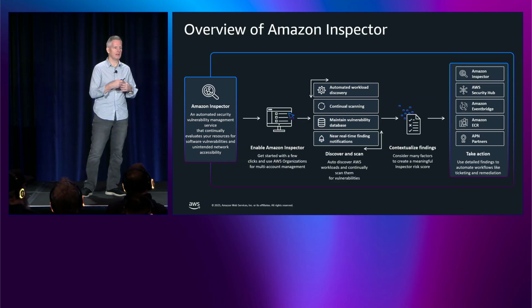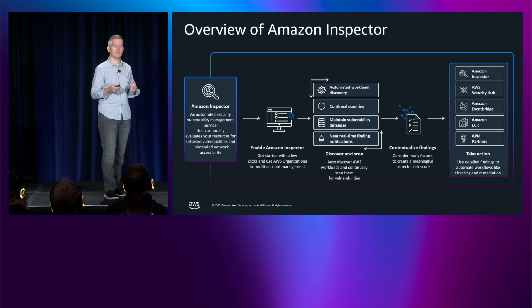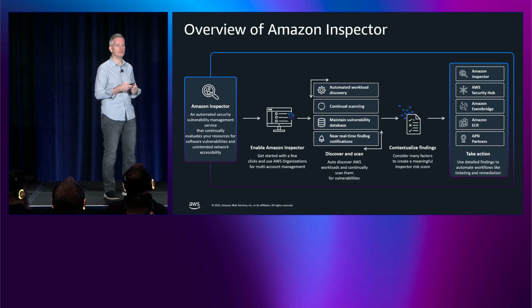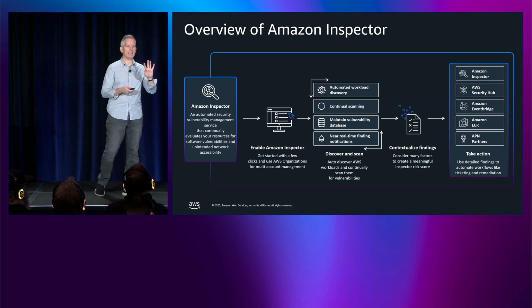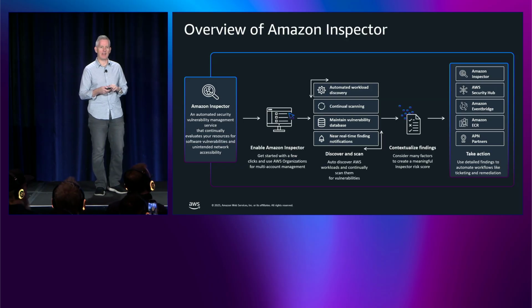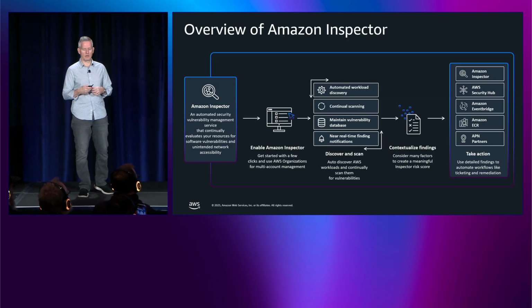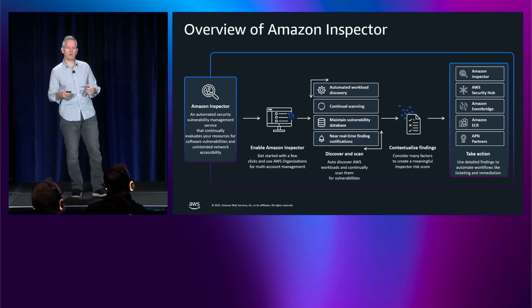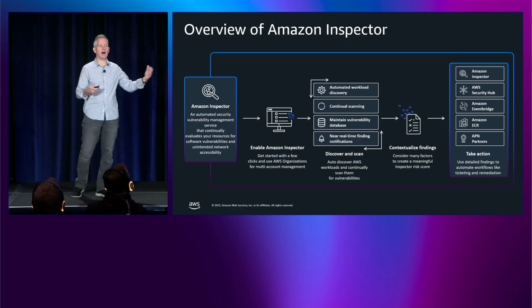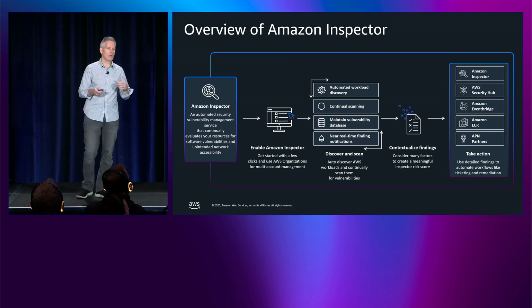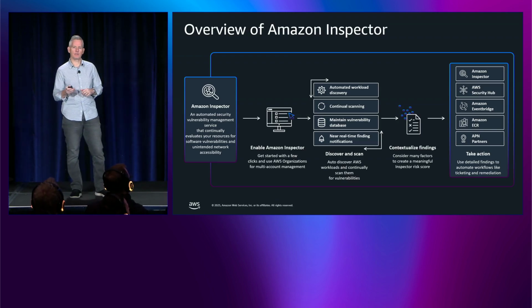Inspector takes a lot of different pieces of information together to give you a prioritization score that you can use to take action. And taking action is our fourth phase, where once you have your findings, where do you want to do your work? You can do your work in Inspector, you can do it in Security Hub. We give you lots of different options. We're going to dig into each one of these quickly.